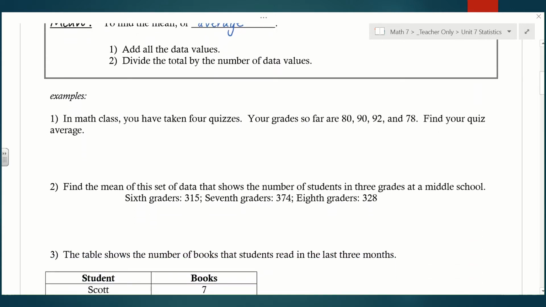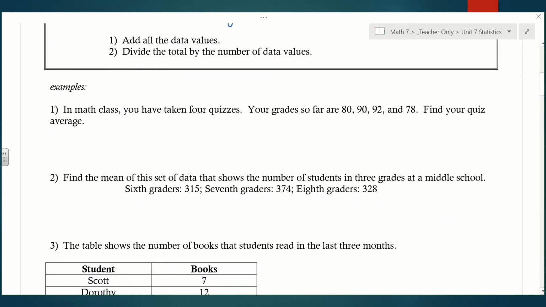Okay, so we're going to do just a couple examples, because like I said, you've probably seen this many times before. So example 1, in math class, you've taken 4 quizzes. Your grades so far are 80, 90, 92, and 78. Find your quiz average. The first thing you're going to want to do is actually add those 4 scores. So 80 plus 90 plus 92 plus 78.